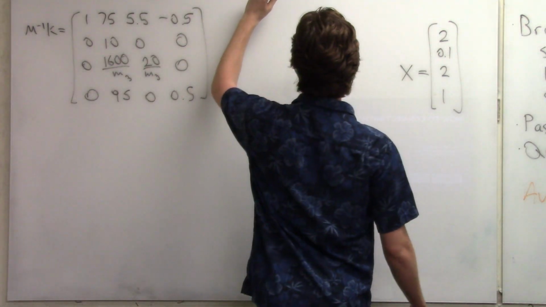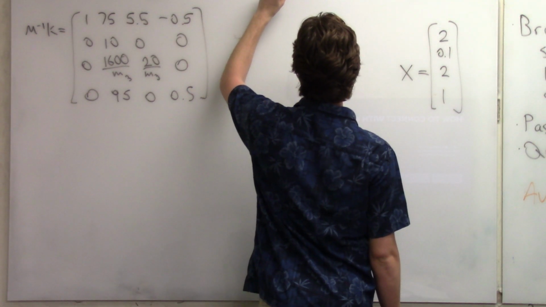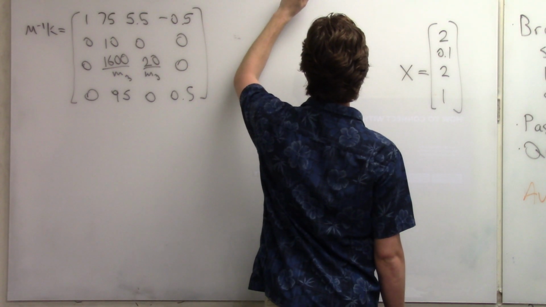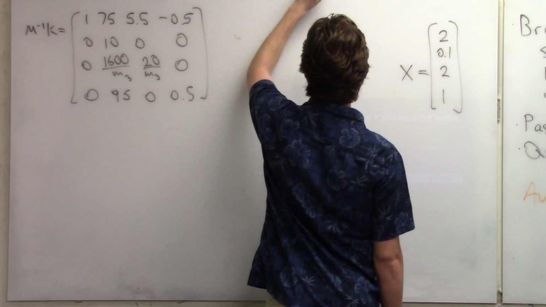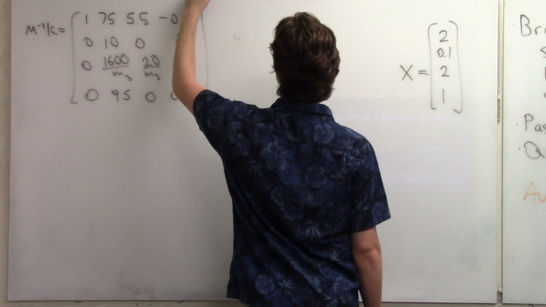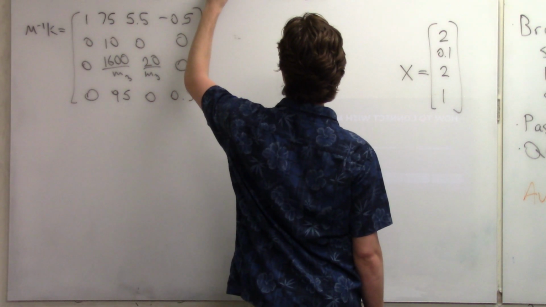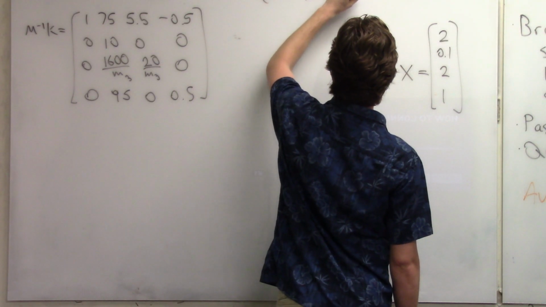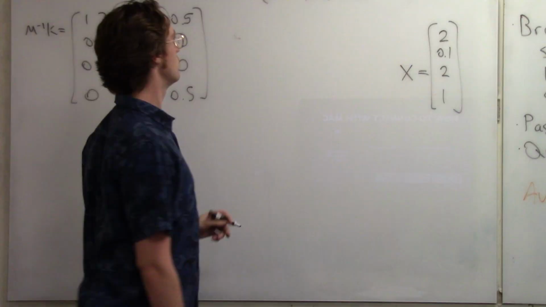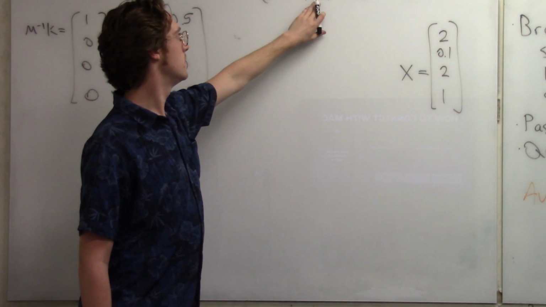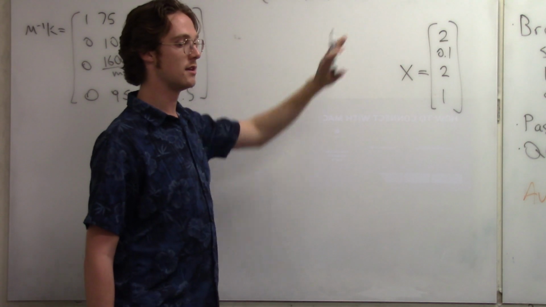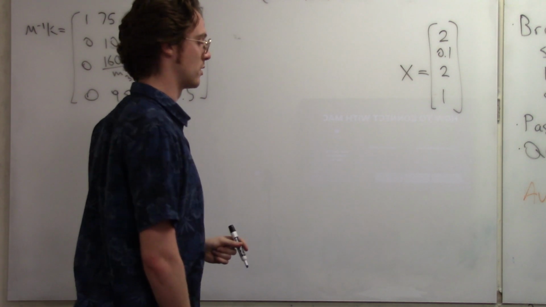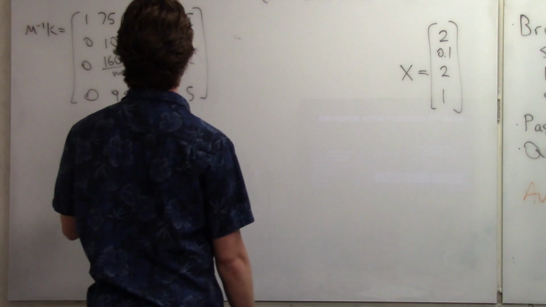So what that's going to look like is M inverse K minus lambda I, where lambda is equal to omega squared, times x equals 0. And so, this is known, that's known, therefore we can solve for the unknowns inside M inverse K. So I'm going to go ahead and write that out.